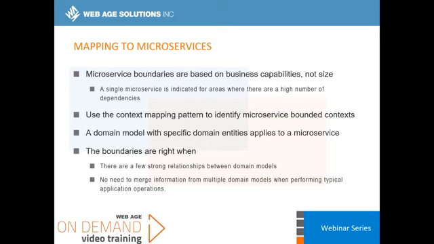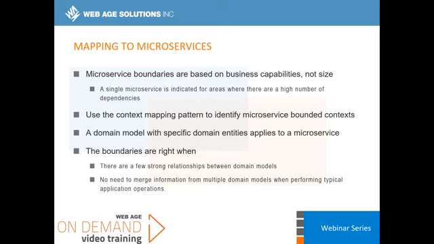And so there is a domain model with all of the kinds of domain entities incorporated into and applied to any kind of microservice. And I know that the boundaries are right when there are few strong relationships between the domain models, and I don't need to merge information from multiple domain models or from multiple microservices when performing typical application operations.